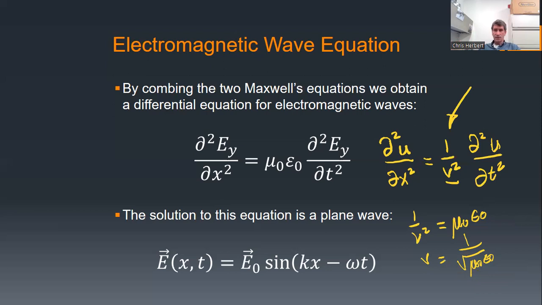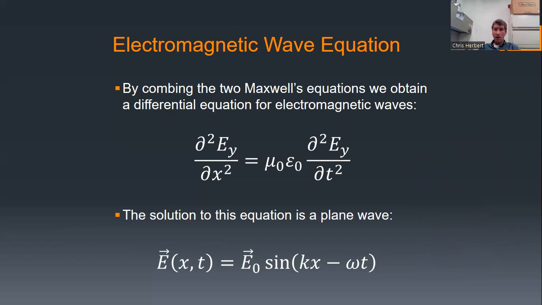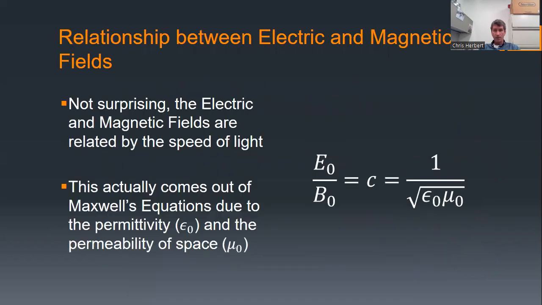It's the general equation for all waves. But specific to an electromagnetic wave, v is equal to 1 over the square root of mu 0 epsilon 0, and we know this in a vacuum to be the speed of light. So interestingly, the speed of light is equal to this expression containing these two constants.